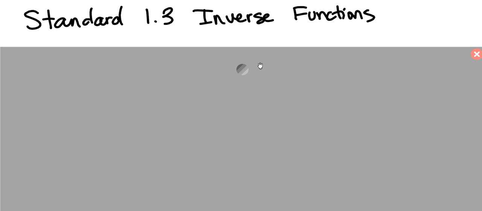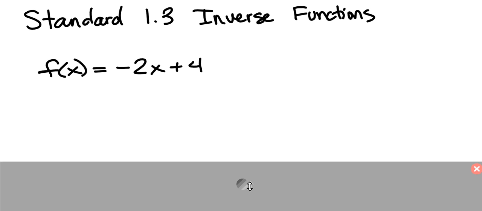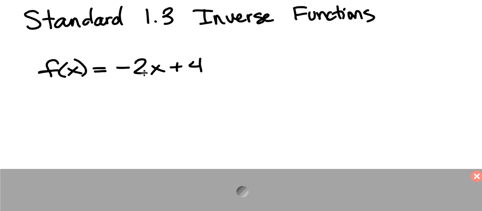So for the standard, if we have just a function like f of x equals negative 2x plus 4, then we know lots of things about it. First, I'm going to make a table of points.